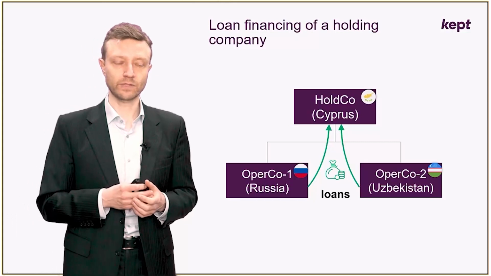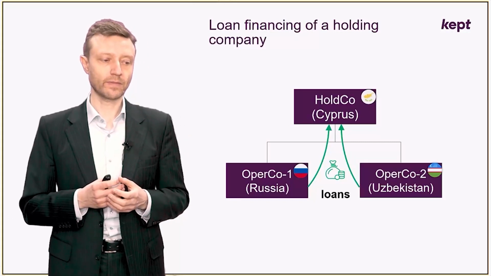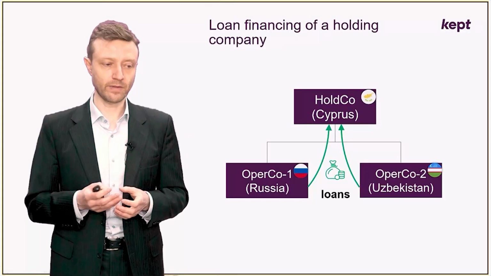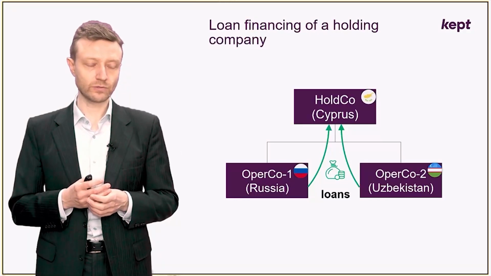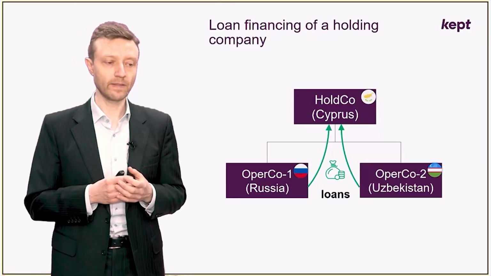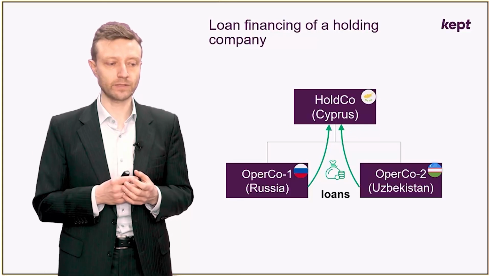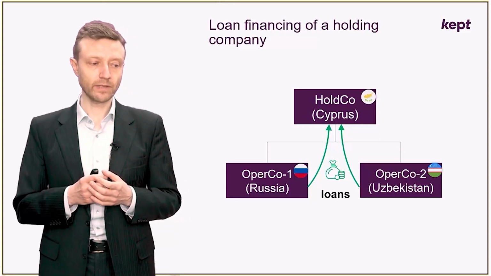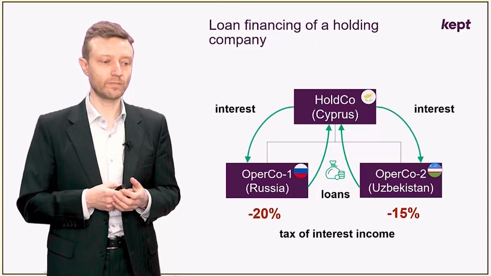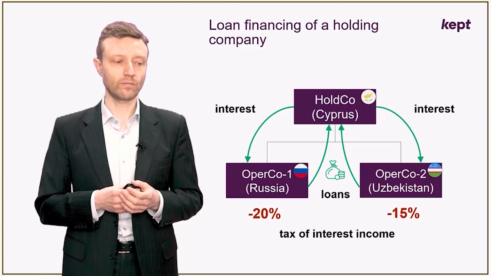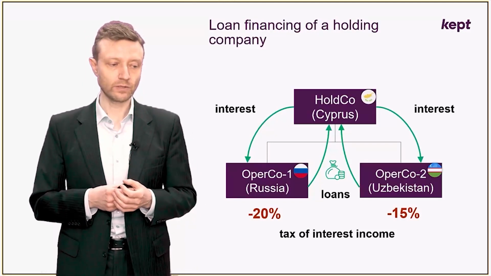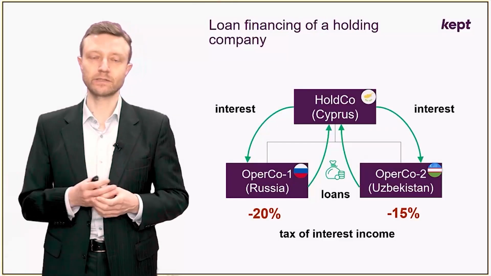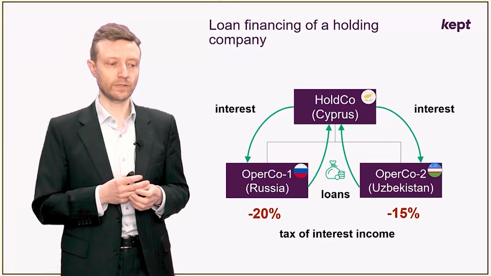And for some reason, these operating companies provided loans. The holding company needed financing, and these operating companies provided loans to the holding company, which means that interest should be paid back from the holding company to the operating companies, and they tax this income and lose 15% of this interest income.